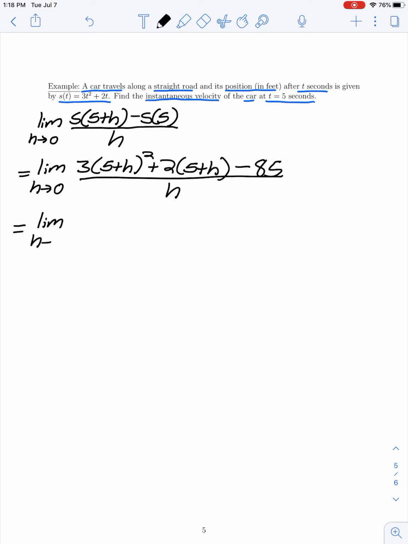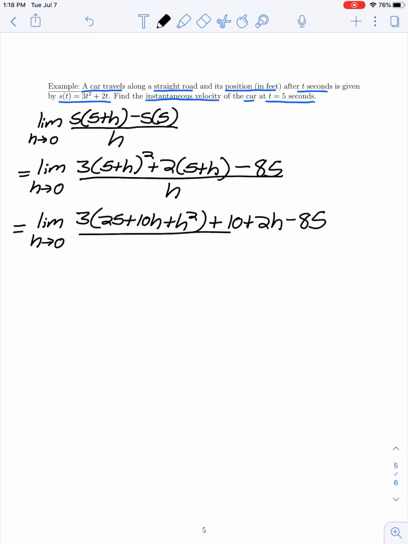So this gives us the limit as h approaches 0 of 3 times, if we expand 5 plus h squared, we have 25 plus 10h plus h squared, plus if we distribute the 2, we have 10 plus 2h, minus our 85, and then the whole thing is being divided by h.